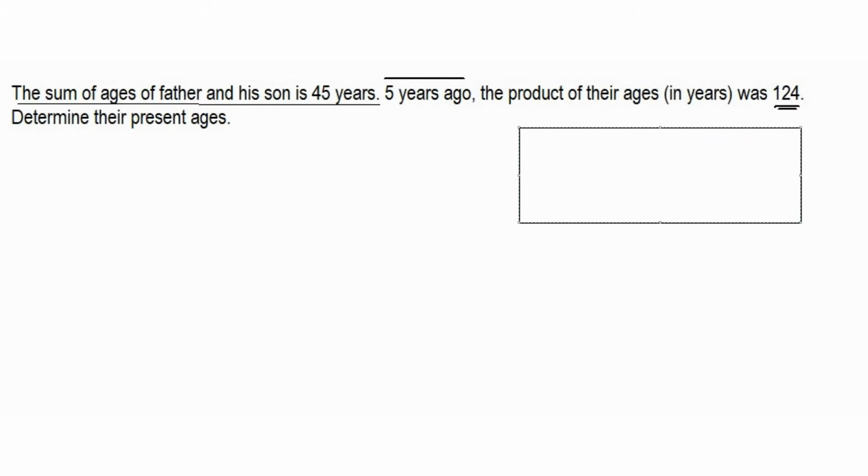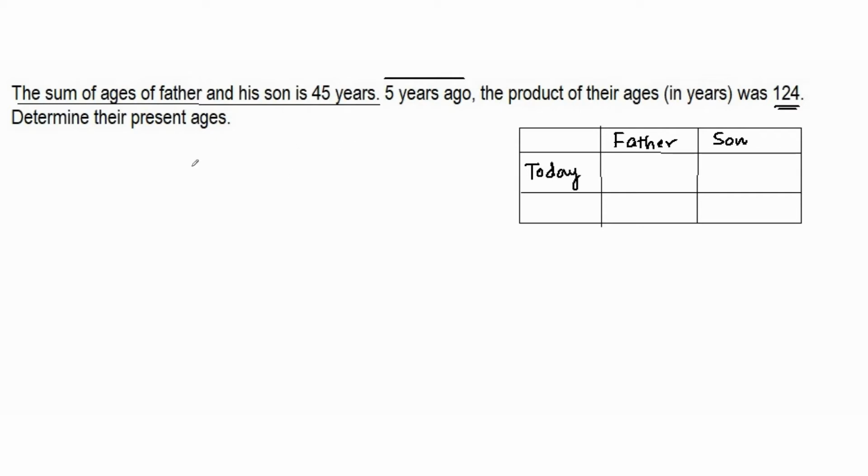There are two people in this particular story, the father and the son. So let's quickly make the entries for their ages, right? So let's consider father and son. Today, the sum of their ages is 45.